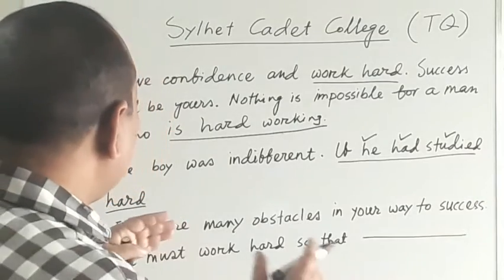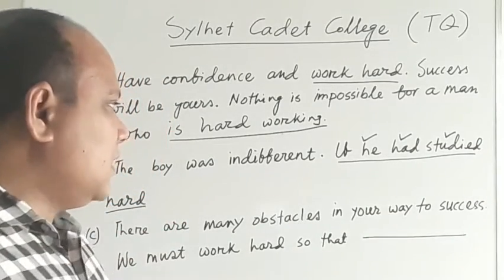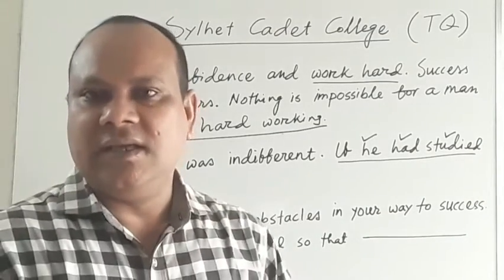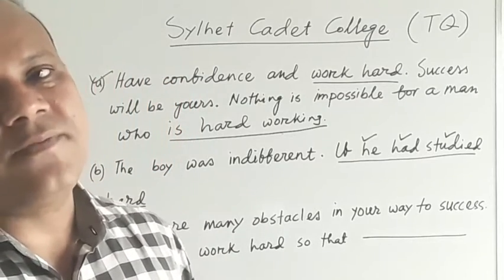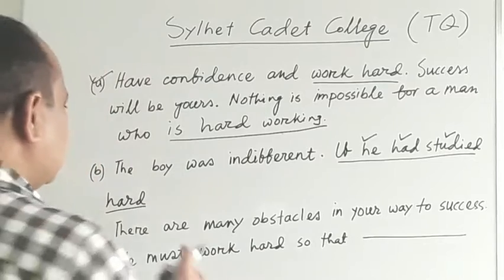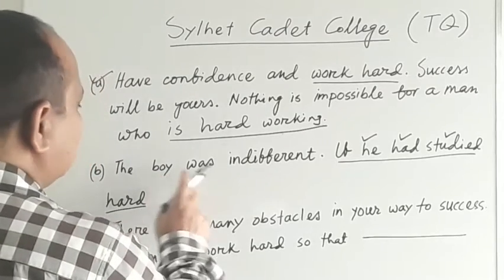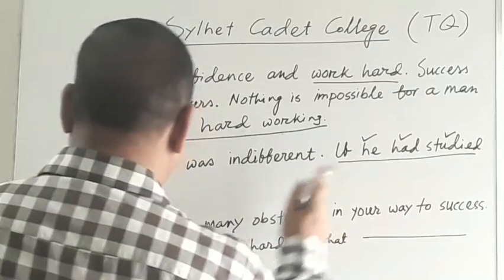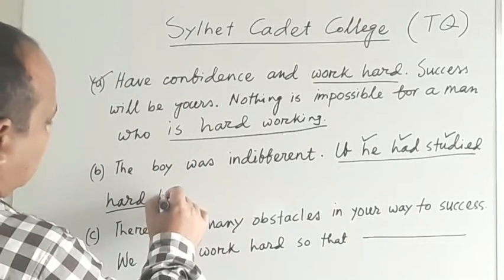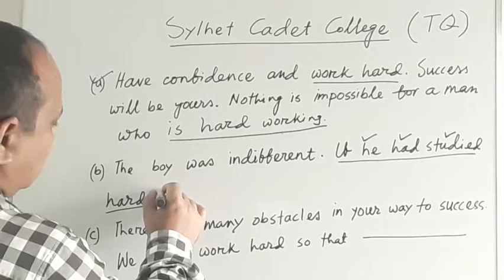So according to the rule of the conditional, if the first part is past perfect, the second part would be perfect conditional. Look at the sentence: the boy was indifferent. If he had studied hard, what would he do?